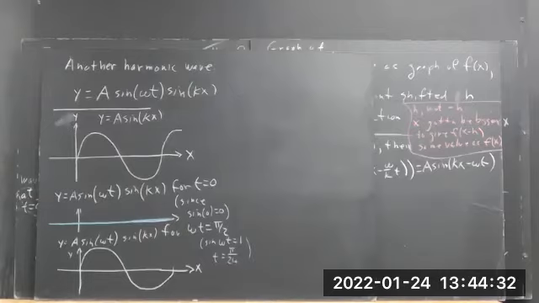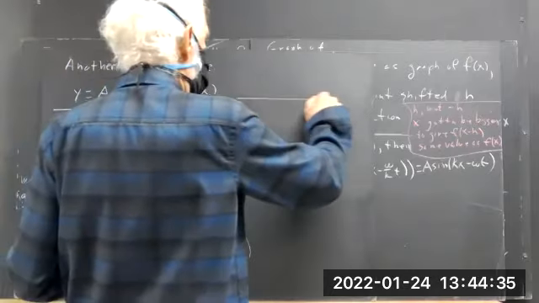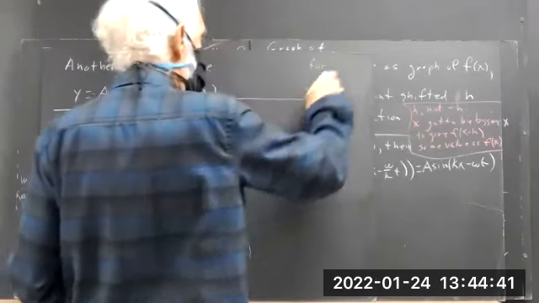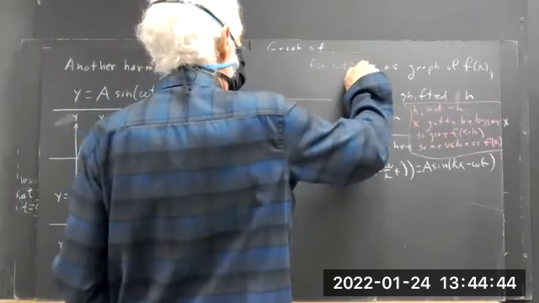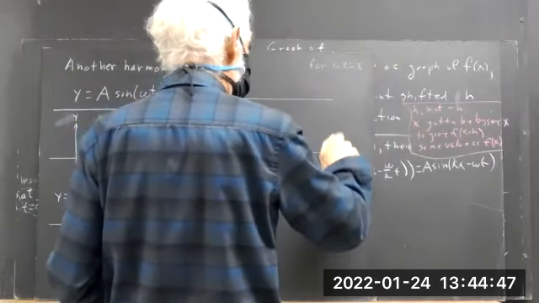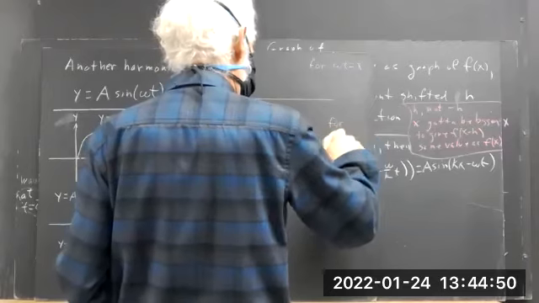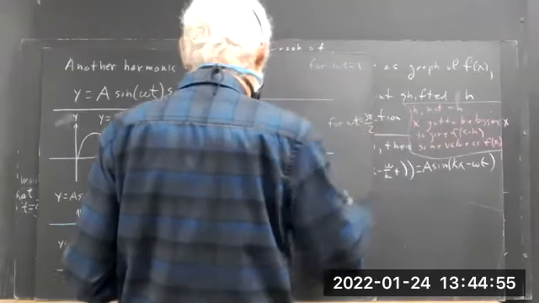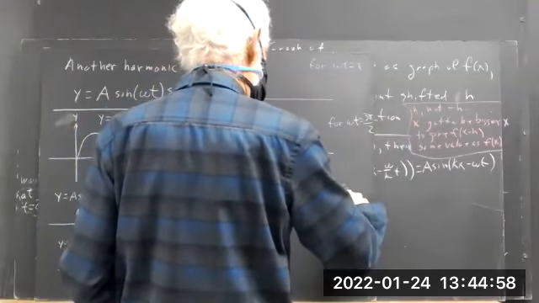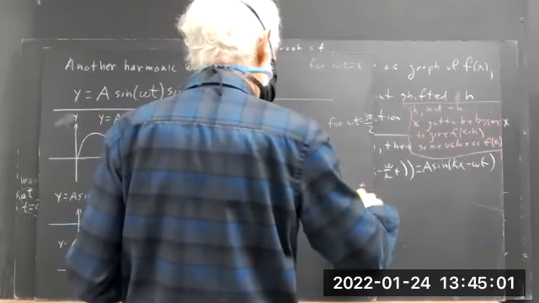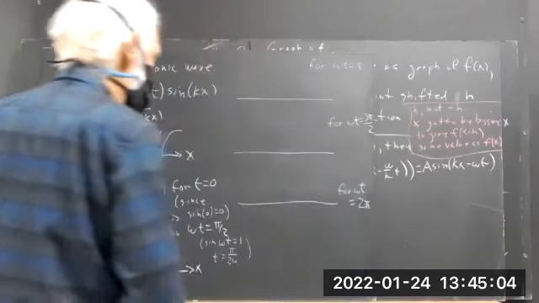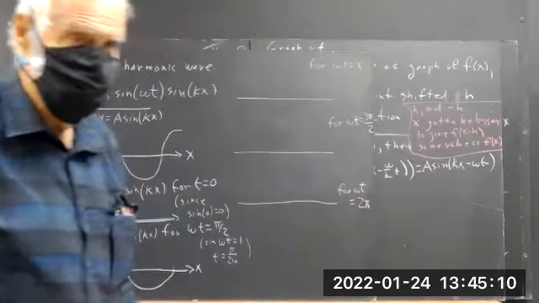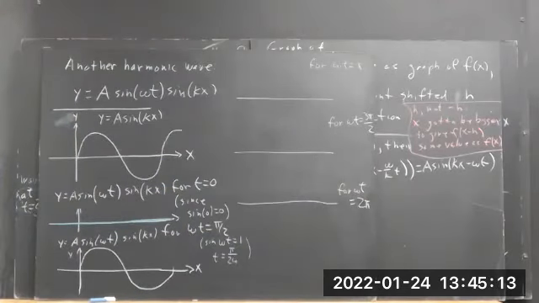So now, answer for me: for omega t equals pi, omega t equals 3 pi over 2, for omega t equals 2 pi.